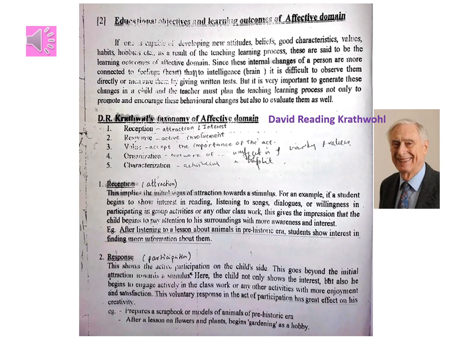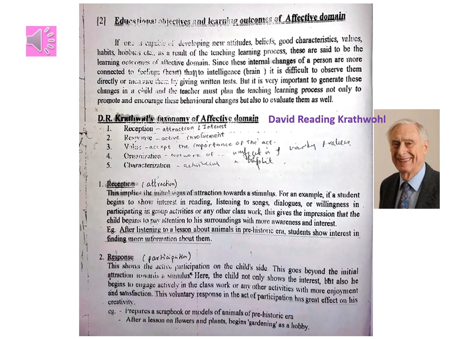Good habits, beliefs, attitudes. Can we measure them directly? Can we see them? No, it's not easy, right? If we take intelligence, we can give them a test and they can answer the questions. Directly we can measure. But these feelings, habits, characteristics, values, attitudes, can we measure them directly? No, it's not that easy.